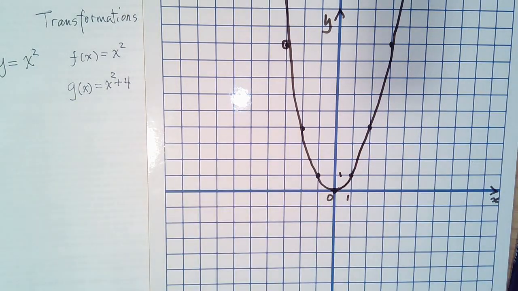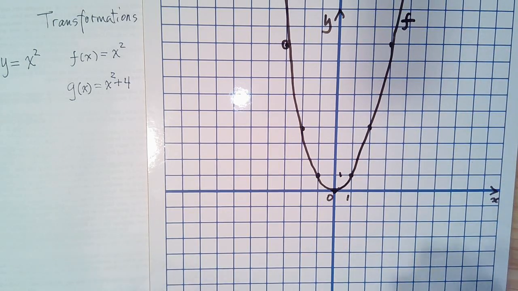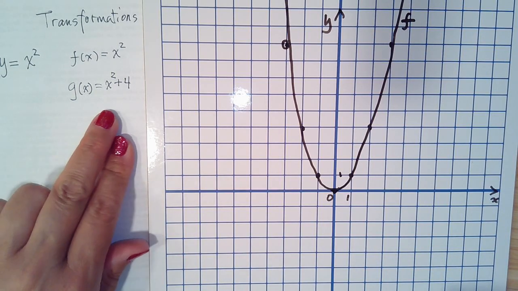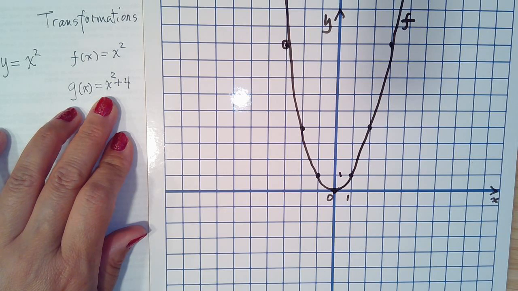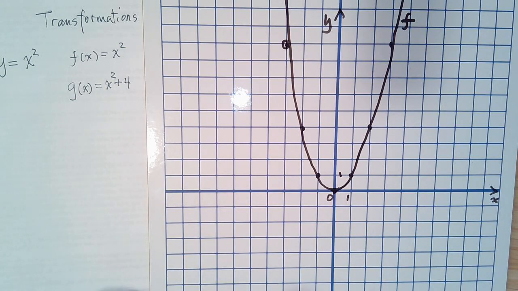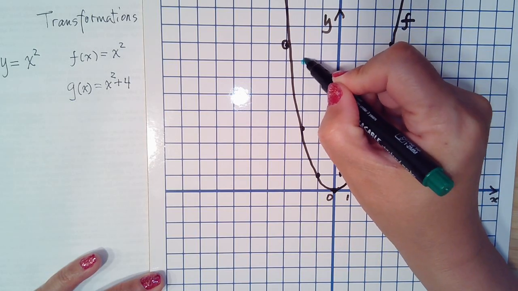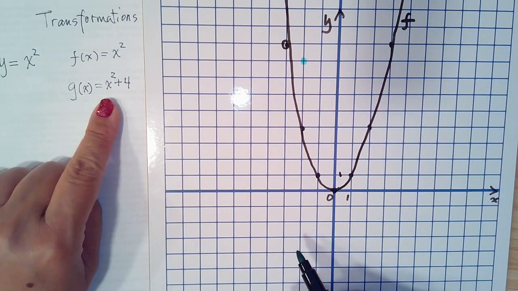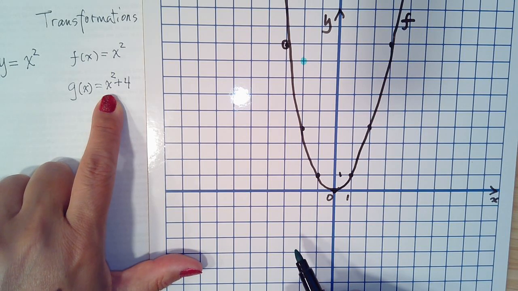Okay, so I'm going to write it. This is my f function. And then for g, I just do this quickly, okay? For g, when x equals -2, x squared is 4. 4 plus 4 is 8. So I should have a -2 and then 8. I get this point. And then when x equals -1, I got a -1 squared is +1 plus 4.